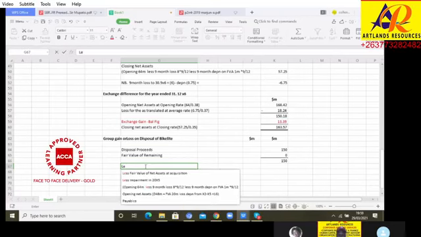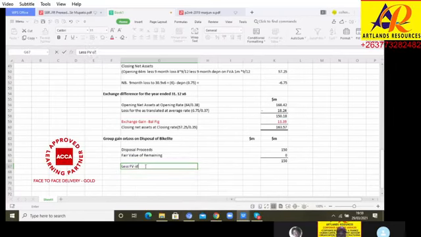And then you say less net assets at the date of disposal, less fair value of net assets at date of disposal, which is 30 September X6. That's the date of disposal. Now, we have already calculated them.